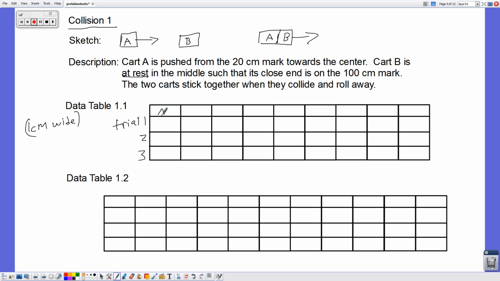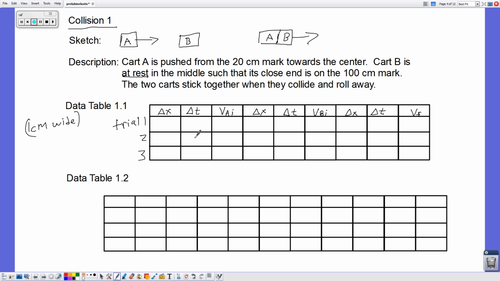All right, so that's going to be delta x, delta t, and VA initial, delta x, delta t, VB initial, and delta x, delta t, and V final.